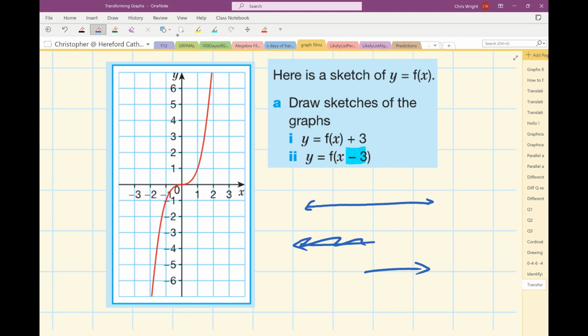So my graph is going to move 3 units to the right. So each of my points, its x-coordinate is increased by 3. So the new graph is going to look something like that. It has been translated by the vector 3, 0. 3 units to the right.